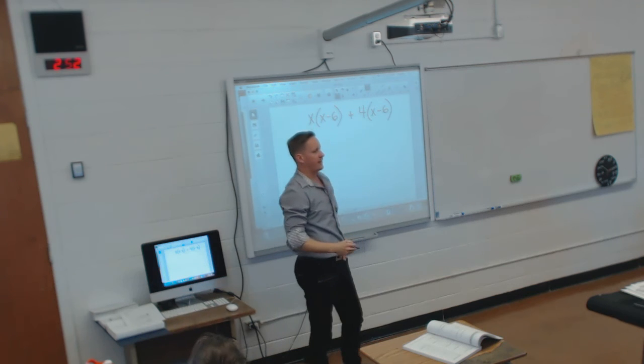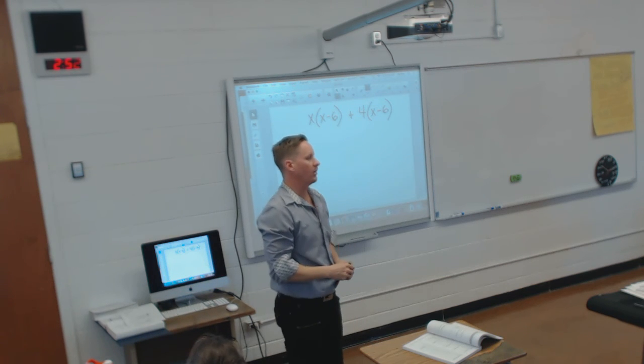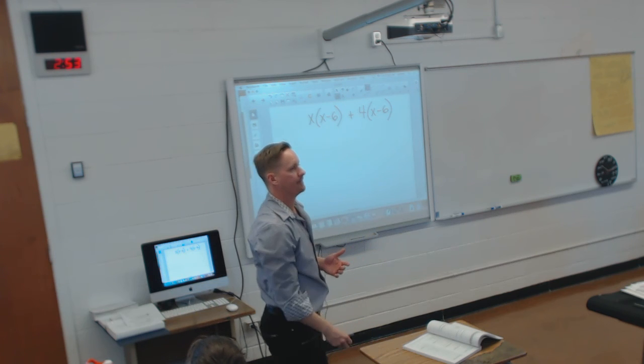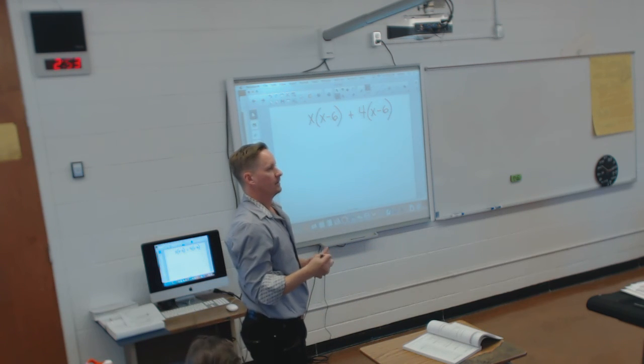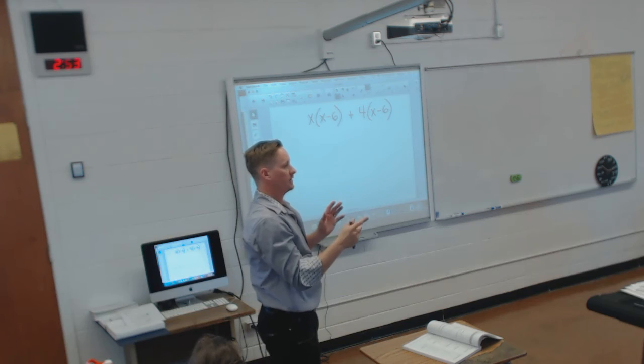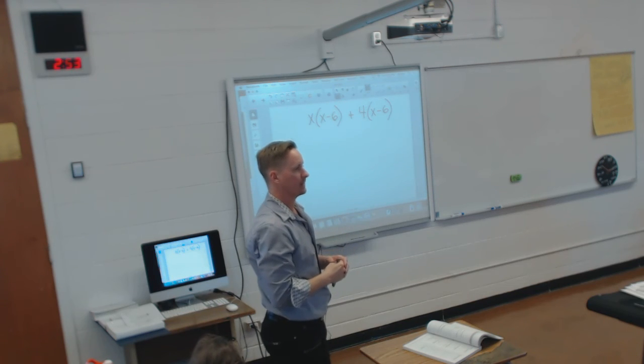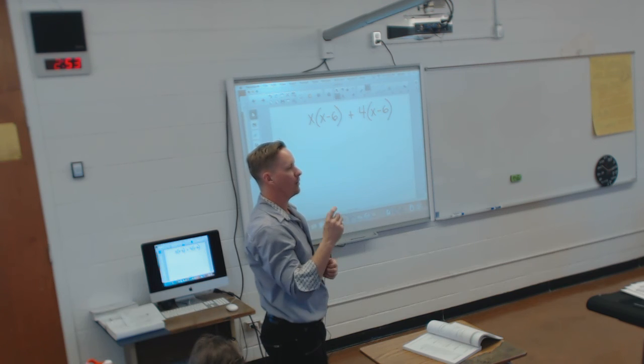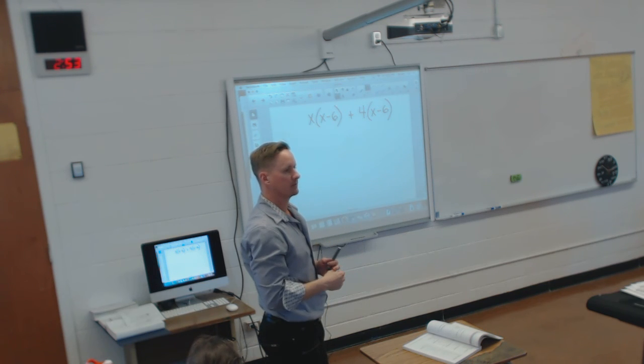This also has to do with factoring of trinomials, but factoring trinomials with a value in front of the x squared, usually, okay? What's the greatest common factor here? What do both of those terms have?